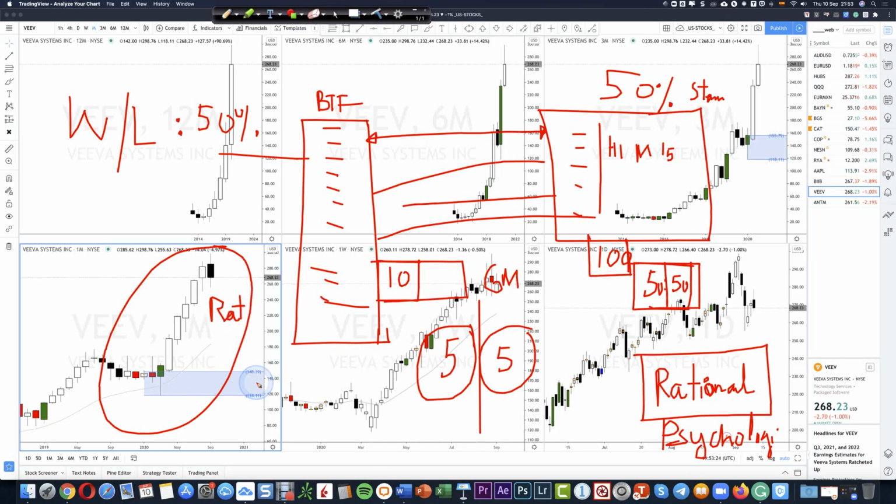Your rational side. And when it comes to placing the trade, it will be your emotional mind that will take the trade. So it's like man and women, black and white, dark and light.